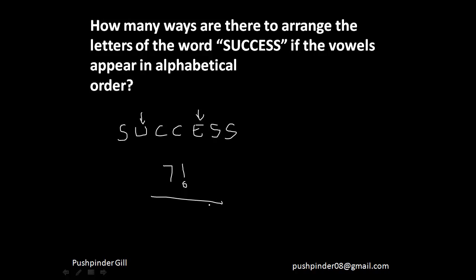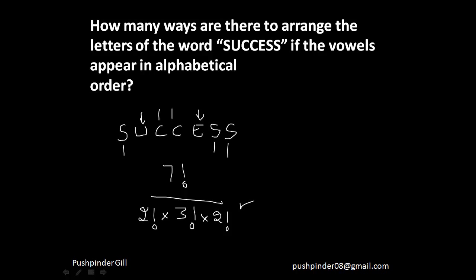So in that case I have to divide it by 2 factorial. Now there are again 3 things which are identical, S, S and S. So these 3 S's are identical, so I have to divide it by 3 factorial, right? Similarly, these 2 C's are also there, so I have to divide it by 2 factorial again. That is what my answer is going to be.